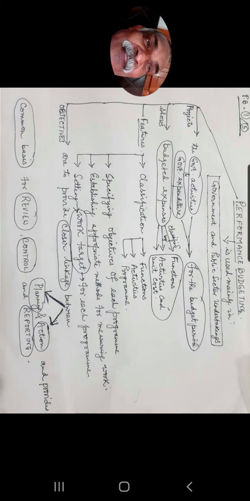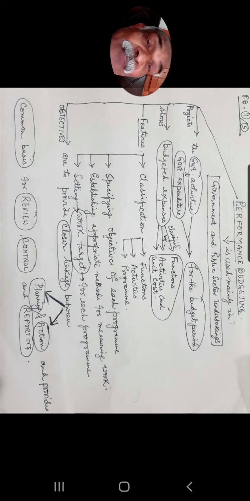Is that clear? So performance budget is mainly used in government and public sector undertakings. Performance budget projects the government activities and government expenditure for the budgeted period. Government budget shows the budgeted expenses classified by functions, activities, and unit cost.